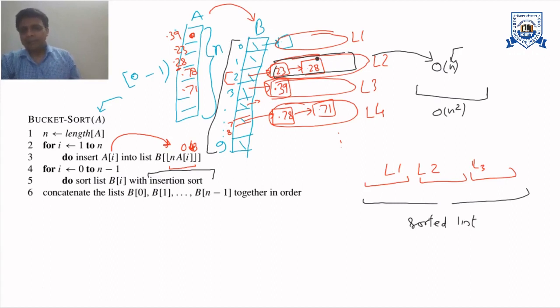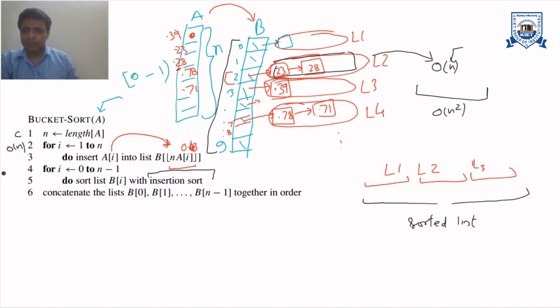Then the average case of insertion sort in this particular scenario would be linear, and that's why the whole complexity of this algorithm would be linear. Why? Because here the cost of this is constant, the cost of this is linear, the number of elements we simply copy from one place to another, and now we perform insertion sort.